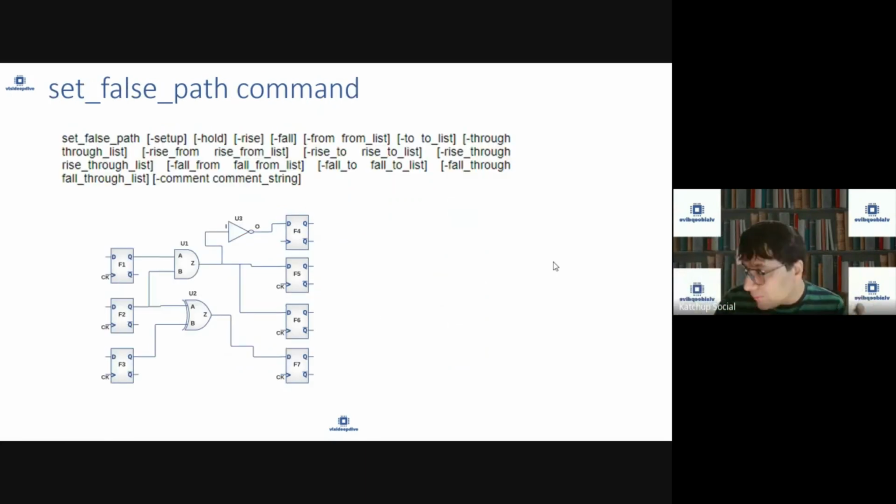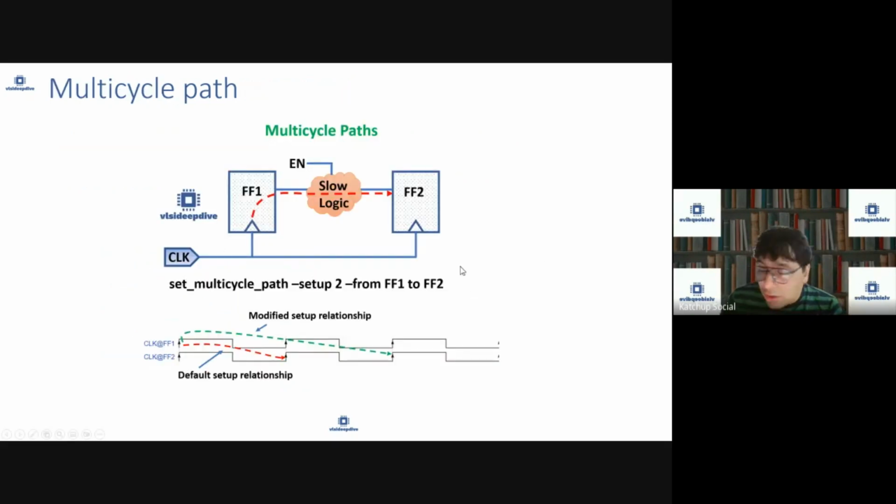So this command can be used to specify false path. Set false path, you can use from option, to option, through option. False path command means that on certain paths in the design, you don't need to meet timing. These path specification options you can use to specify what is a command which is known as set multi-cycle path, which means that rather than meeting the timing in a single cycle, you have to meet the timing in more than one cycle.